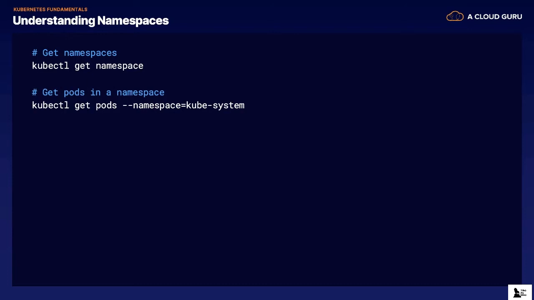To help you view the status of your namespaces, there are a few commands you should know. The first and easiest command is kubectl get namespace. That'll show you what namespaces are available and currently configured in your Kubernetes cluster. You can also specify which namespace that you're referring to when you run common Kubernetes commands such as kubectl get pods. You can specify --namespace=kube-system, for example.